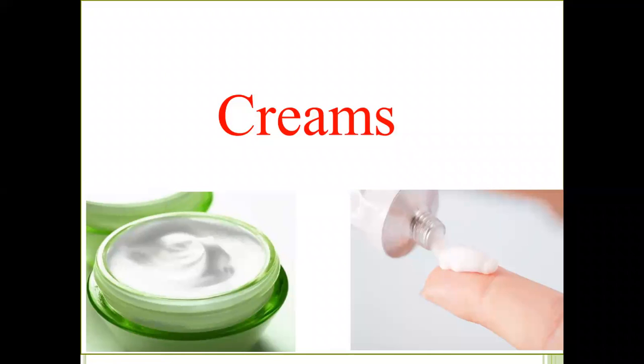There are different types of creams. Cosmetic preparations, in which cold cream, vanishing cream, foundation cream, cleansing cream, then hand cream and body cream, medicated creams, aqueous creams and oily creams. After that, advantages, disadvantages, formulation, how these creams are prepared, that is their method of preparation, then storage of cream and quality control tests for cream.